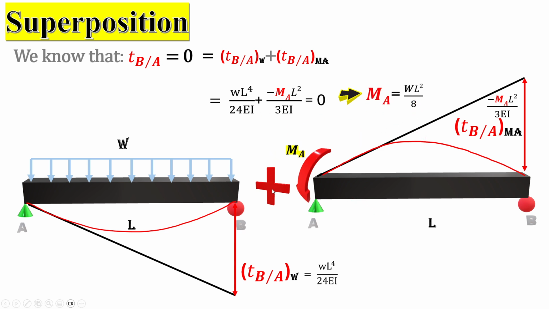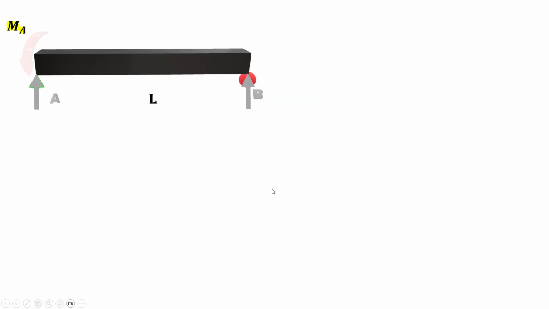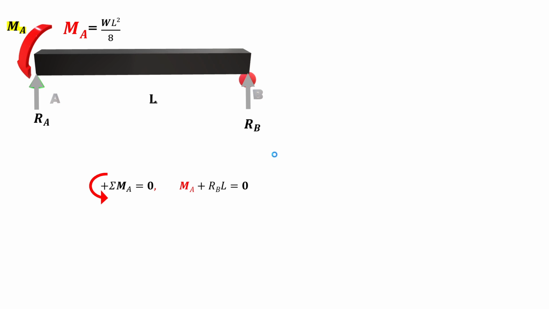As soon as we know what M A is, we can move back to our beam, and for, for example, one of those beams, summation of moment about A equal to 0 gives us M A plus R B times L equal to 0, and it simply gives us R B equal to negative M A over L, and negative just says R B is downward.